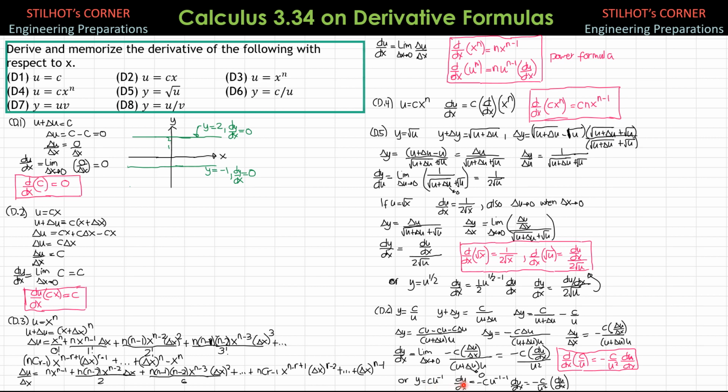So dy dx would be negative 1 times c, or negative c u to the negative 1 minus 1, and that becomes u to the negative 2. u to the negative 2 is 1 over u to the positive 2. So it is negative constant over u squared times du dx, which is that formula there.